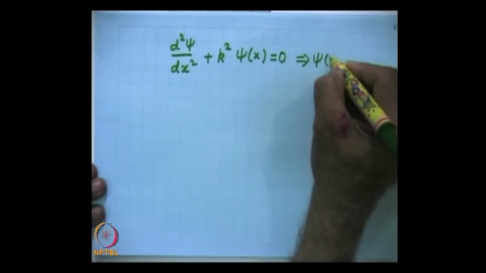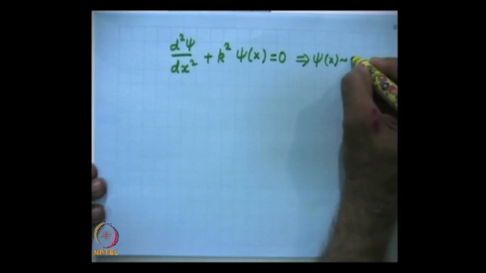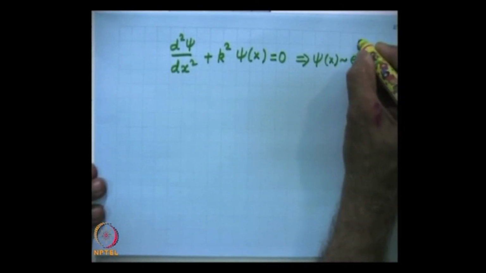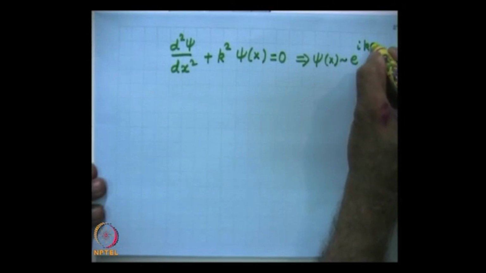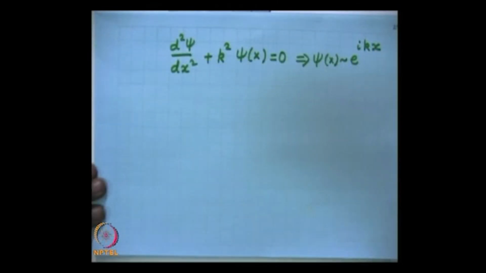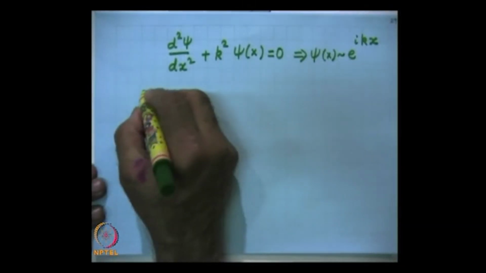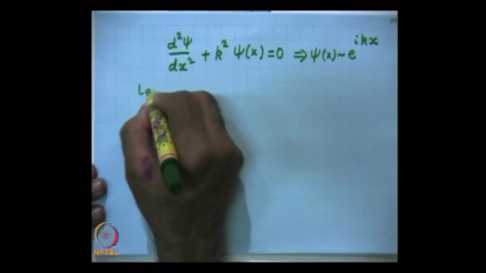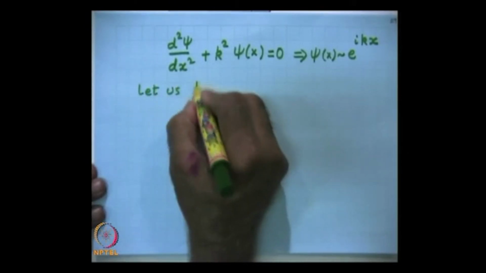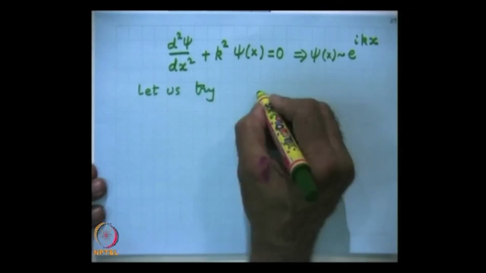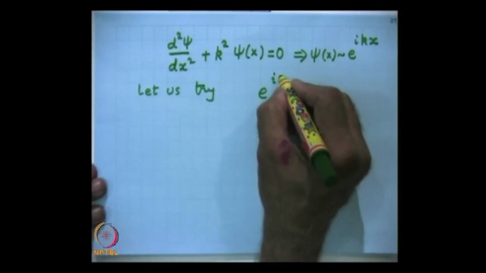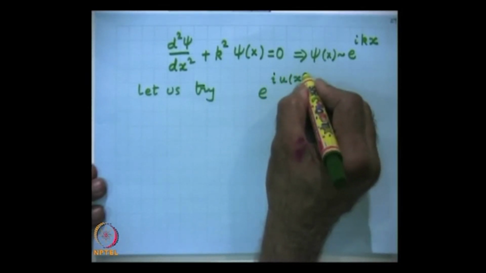I can write them in terms of sine, cosine, or e to the power of I k x, where k is the square root of k square. So, this suggests that let us try a solution of this form, e to the power of I u of x.